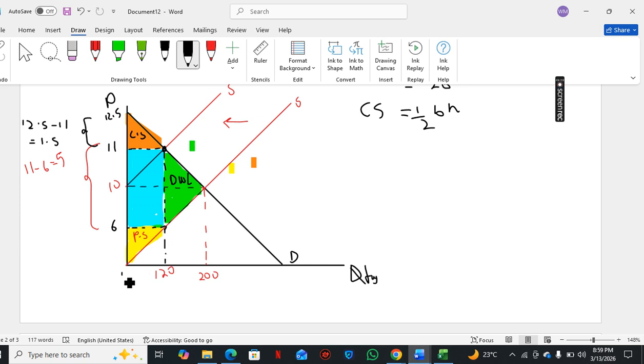The breadth here at the bottom from 0 to 120, so you're going to say 120 minus 0 gives you 120.